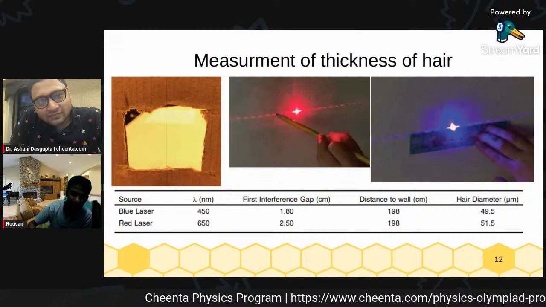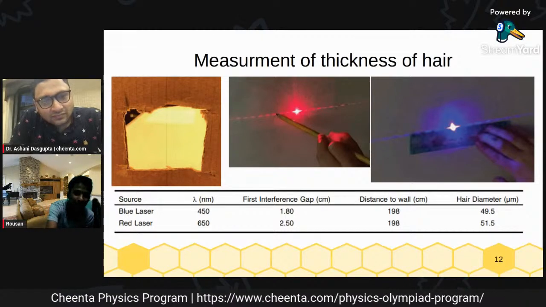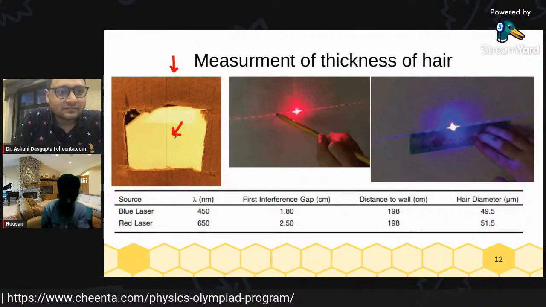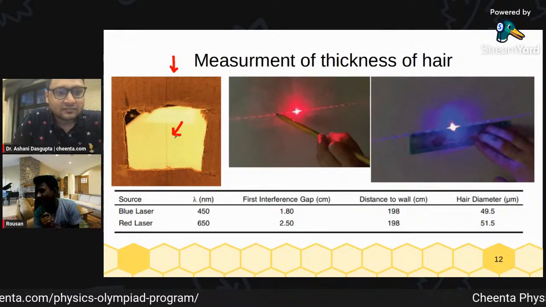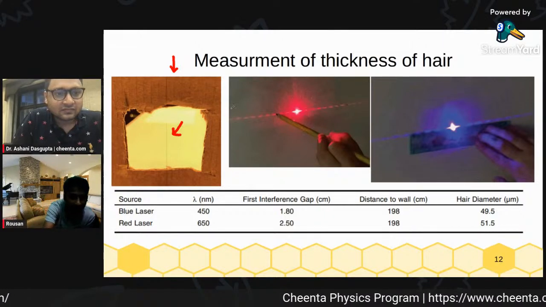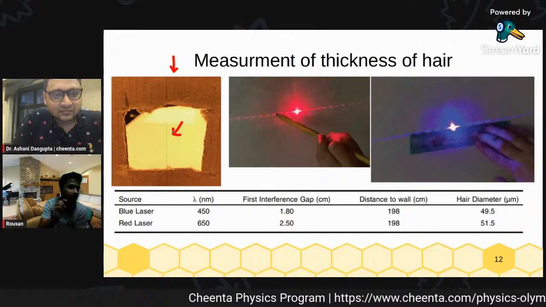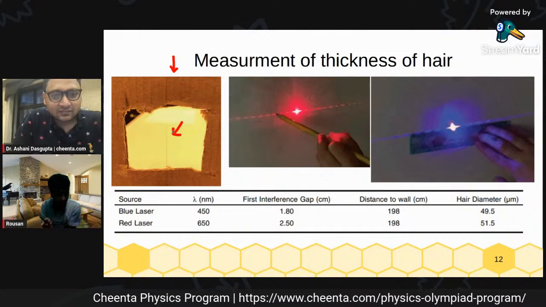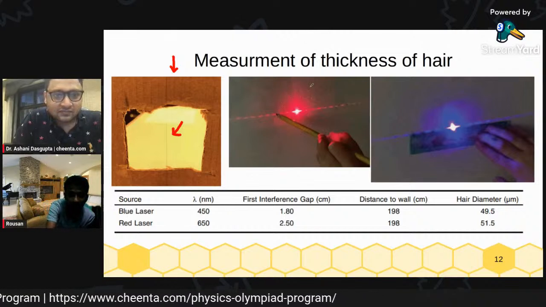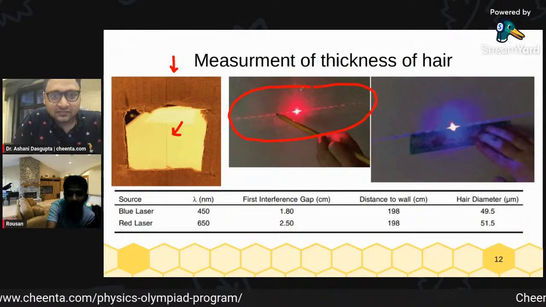You take a cardboard like shown here, and there is a hair attached there. What you do is take a laser and focus it on the hair, not the side, on the hair. You will see that a pattern is created like this.